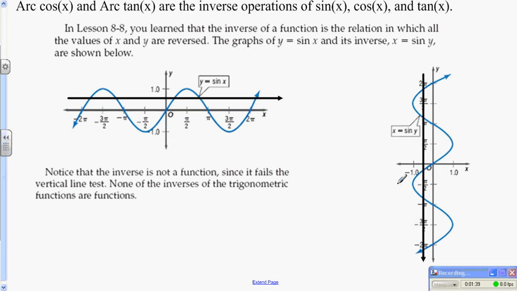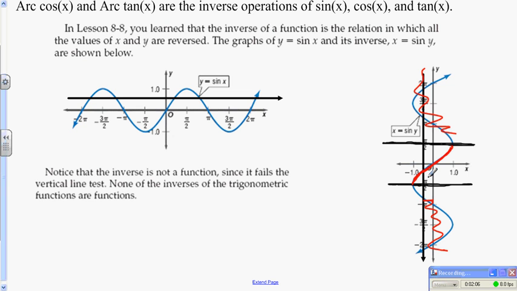For sine, you cut it off from here to here. You can cut off anywhere, but this is where they cut it off for our assignments. If you cut it off top and bottom, you have an inverse that passes the vertical line test if you only look at that part.